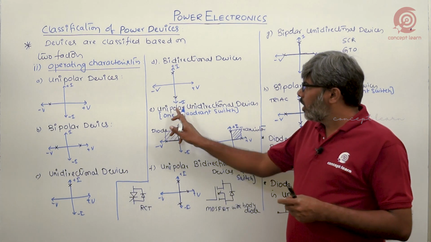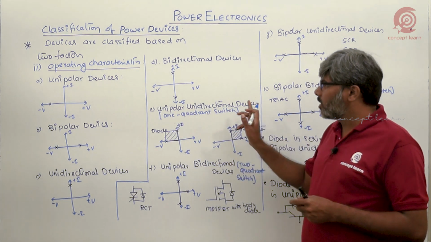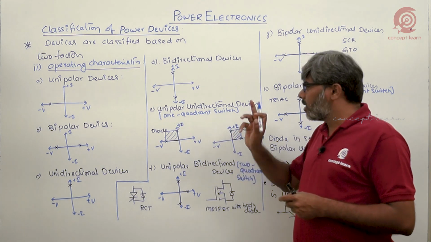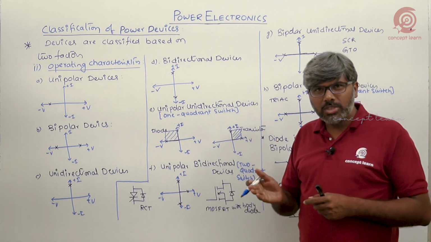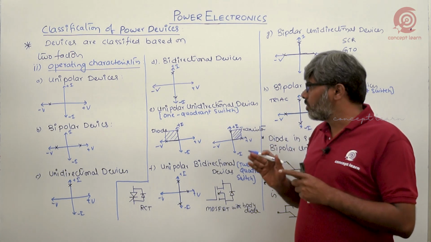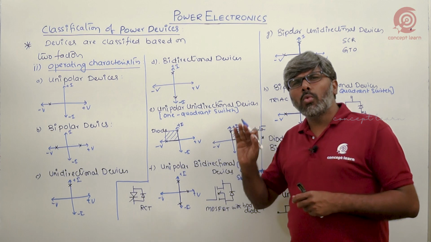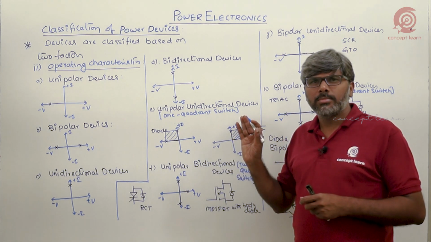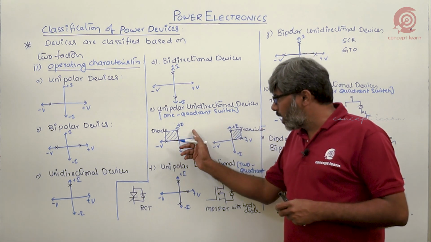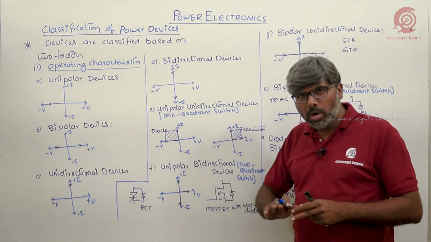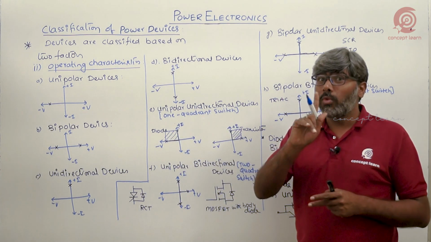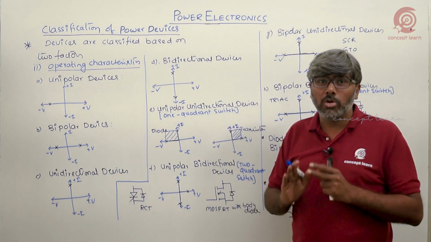That is why unipolar unidirectional devices are called one quadrant devices, or single quadrant switches, because it always gives only one quadrant operation, either first quadrant, second quadrant, third quadrant or fourth quadrant, only one at a time during its complete operation.